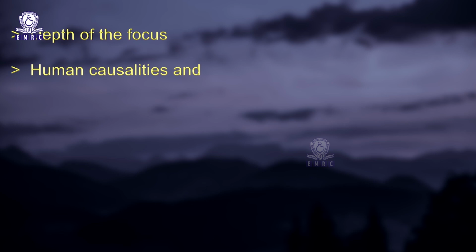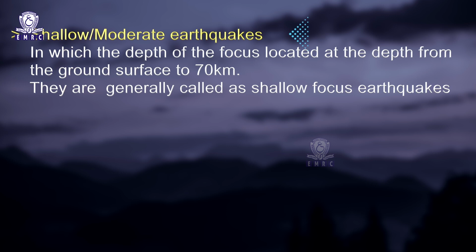Earthquakes are classified by various scholars based on, first, depth of the focus, second, human casualties, and third, the causative factors. Based on the depth of focus, Gutenberg has divided the world's seismic centers into three types. One, shallow earthquakes, in which the focus is located at a depth from the ground surface to 70 kilometers.